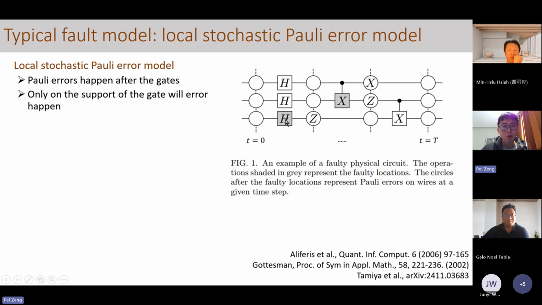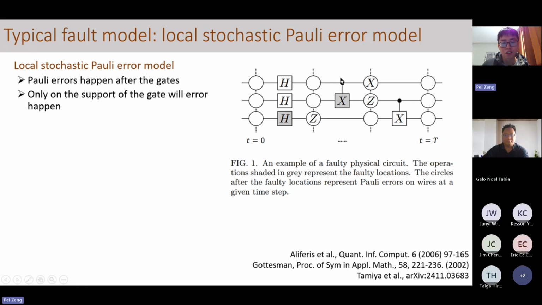Usually people set the error model so that after the Hadamard gate, you randomly sample Pauli X, Y, Z errors. And for the C naught gate, which is a two-qubit gate, you randomly sample a two-qubit Pauli channel after it. Basically you uniformly sample IX, IY, IZ, XI, XS, these 15 Pauli terms, a depolarizing Pauli error.